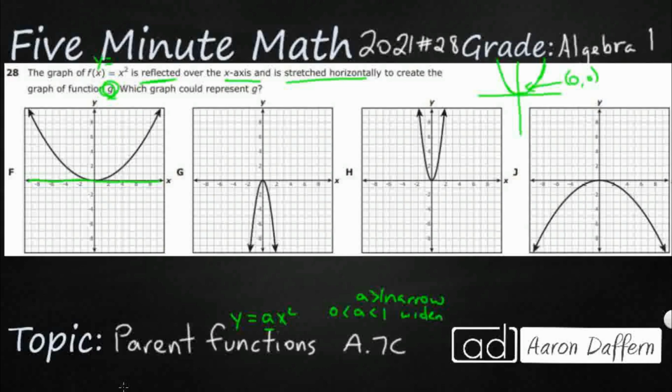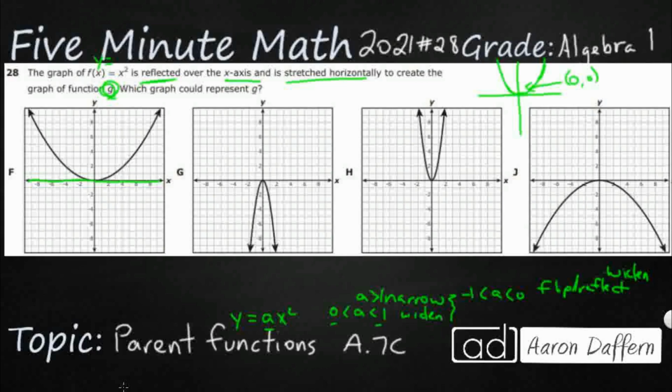But then something happens when you make it negative. If a is less than 0 but still greater than -1, it's going to flip or reflect, and it's going to widen, just like it did between 0 and 1.